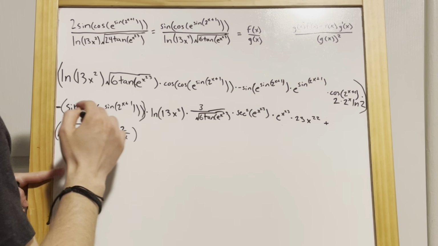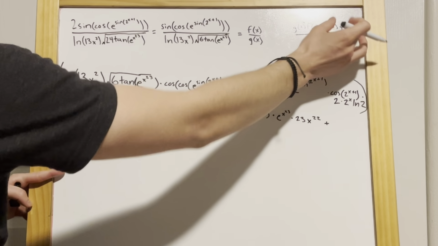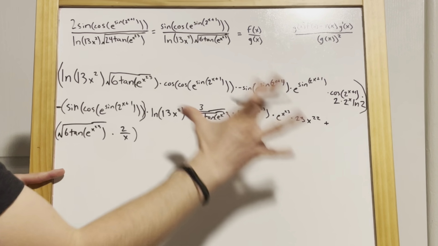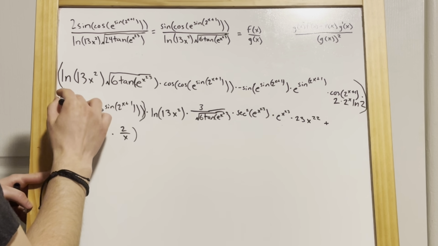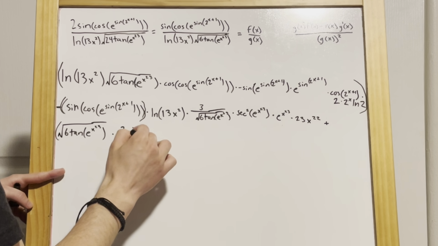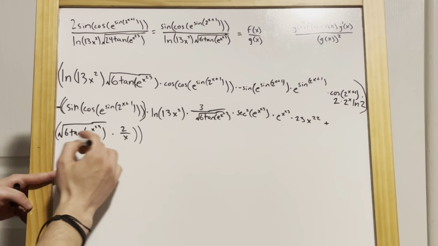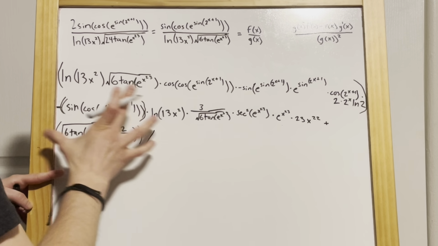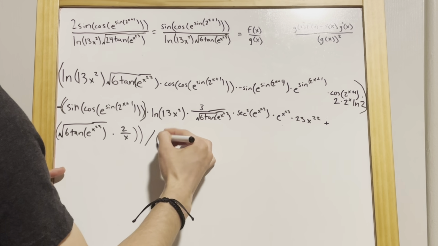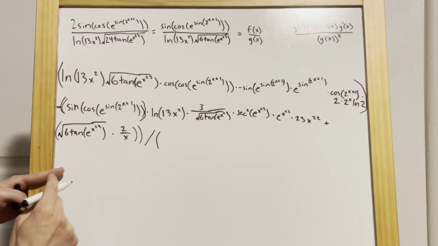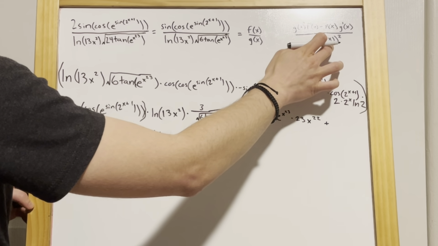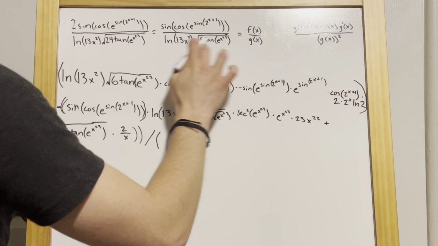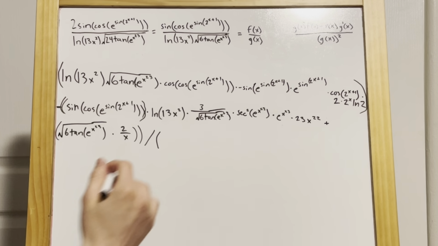So now we're going to take this whole entire thing and divide it all, because we have a lot of different parts up here. Hopefully that parenthesis gets all of them. We have g of x squared, so we'll have this bottom part squared.